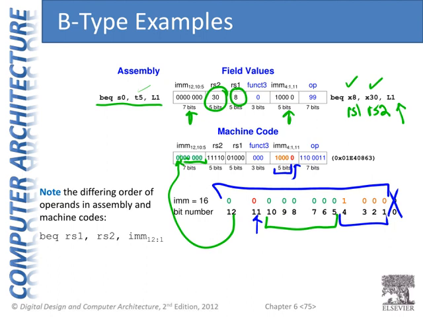For branch if equal, the opcode is 99, the 7-bit representation of 99, and the funct3 bits are 0. So again, we write all of those in binary, group them by groups of 4, and write that encoding in hexadecimal.